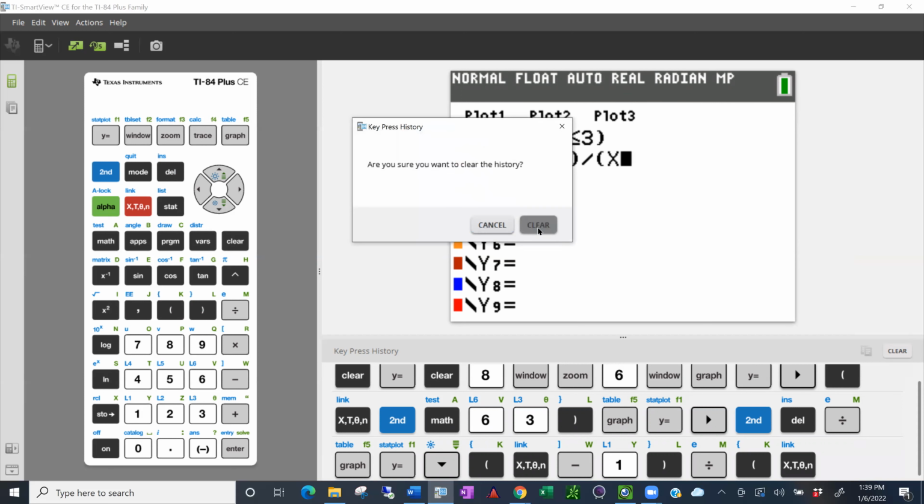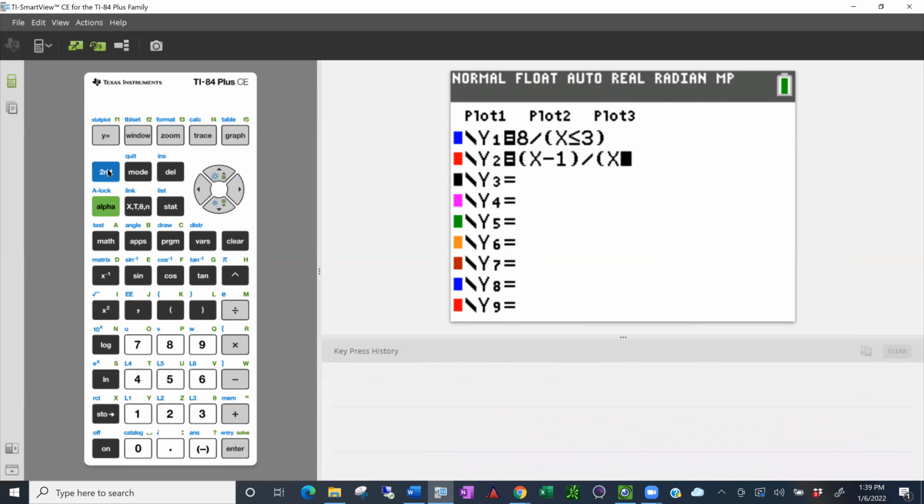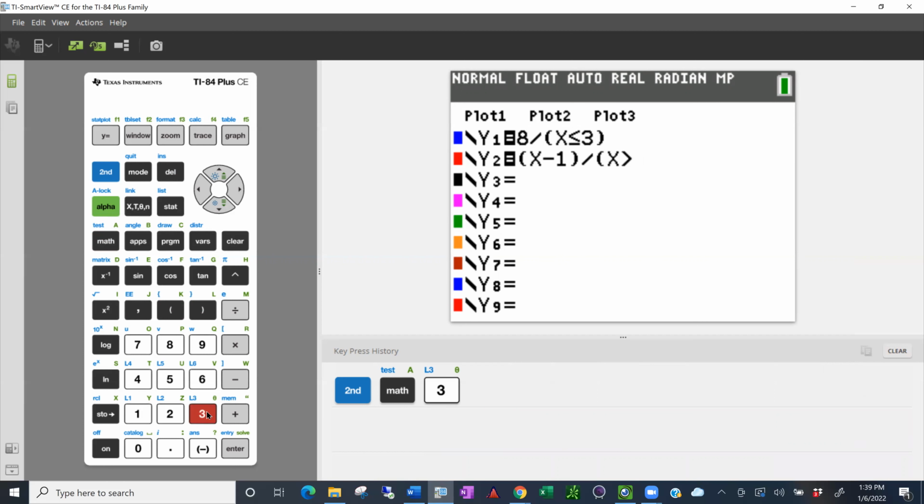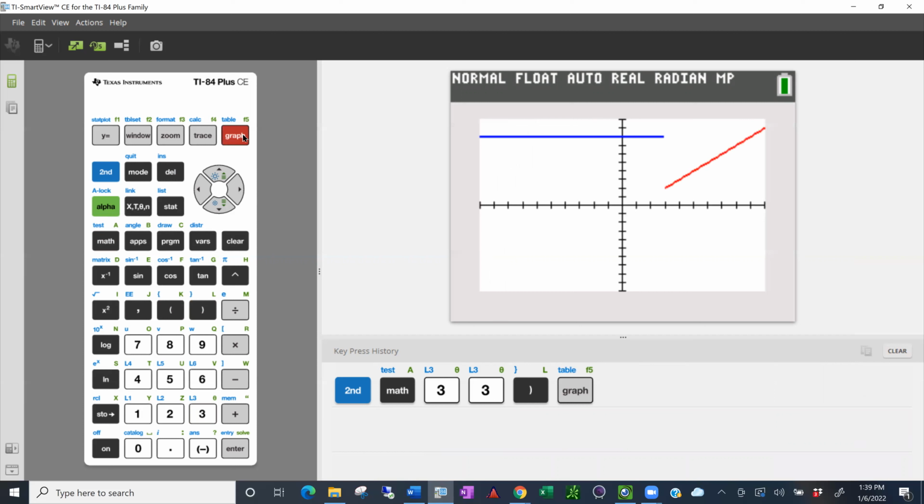It's getting a little bit busy. Second test. This time I want x to be greater than 3. So I'll type in 3, and then 3 again. And that should add to my graph. Perfect. There's your piecewise function. Nice and simple.